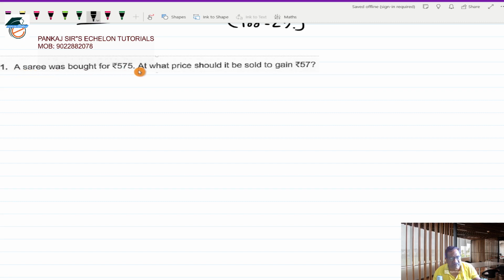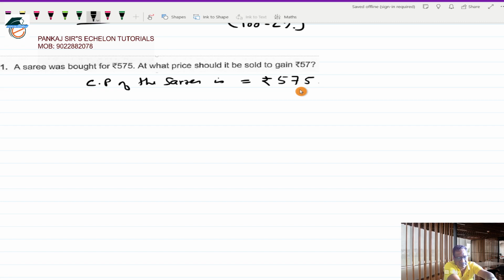So going along with the question, you can write down what things are given in the question as data. So the sari was bought for rupees 575. This sentence tells me that the cost price of the sari is rupees 575. That is given.